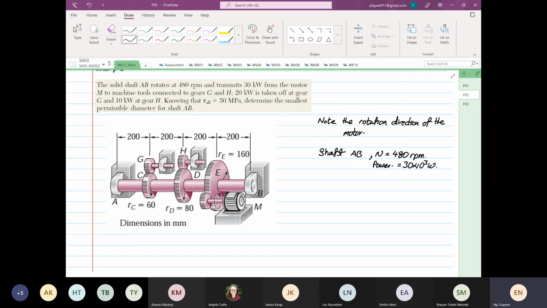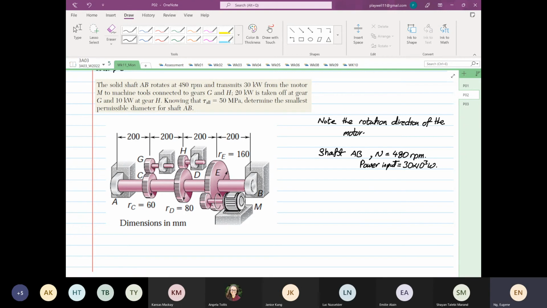So the power input on shaft AB is 30 kilowatts.